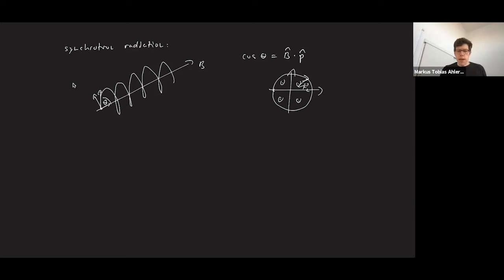Now, from your electrodynamics course, you might remember that if you have a particle at rest, which is accelerated, then the total angular and also energy integrated power, so the electromagnetic energy emitted per time via this accelerated particle, is given by the Larmor formula.